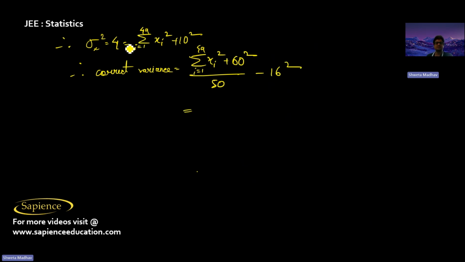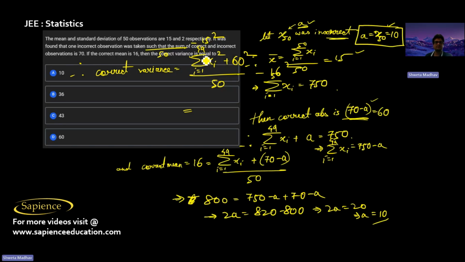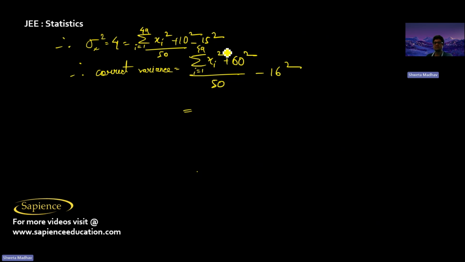Now the summation xi square, i from 1 to 49, is equal to 229 into 50 minus 100.